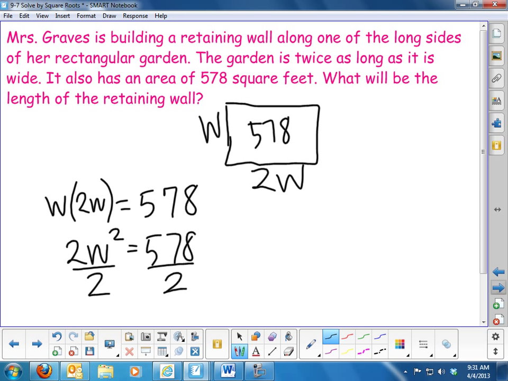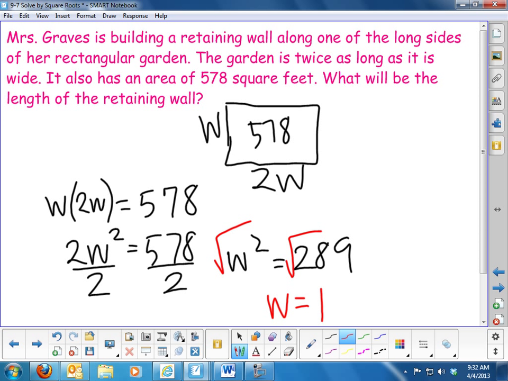And I'm going to get that W squared is going to equal 289. Now I'm going to solve that by taking the square root of each side. Now we do the square root of 289, and we get W equals plus or minus 17.